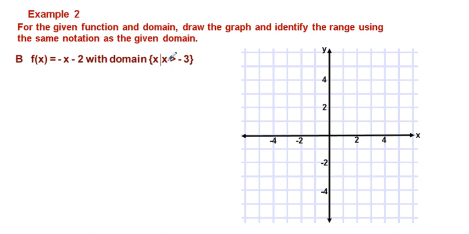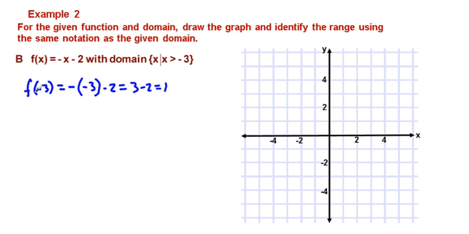This x is greater than -3, so -3 is an endpoint. So f of -3 is equal to negative, we put a -3, minus 2. That's going to be negative -3, which is 3 minus 2 equals 1.